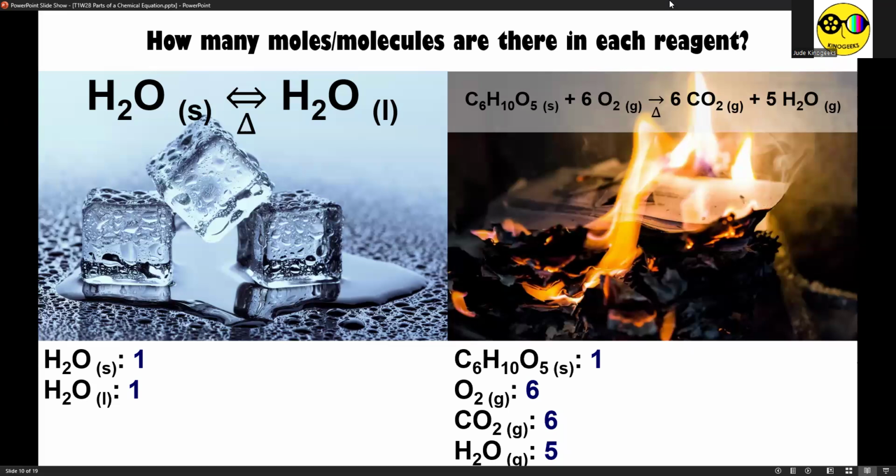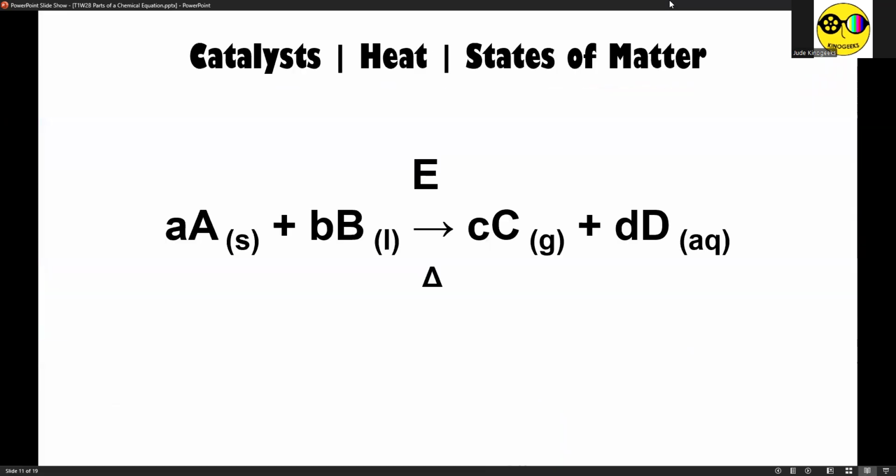Okay, next. So we're done with our primary actors or protagonists in the chemical reaction. Let's proceed to the supporting players. Our supporting player has something to do with letter E, which is the catalysts.